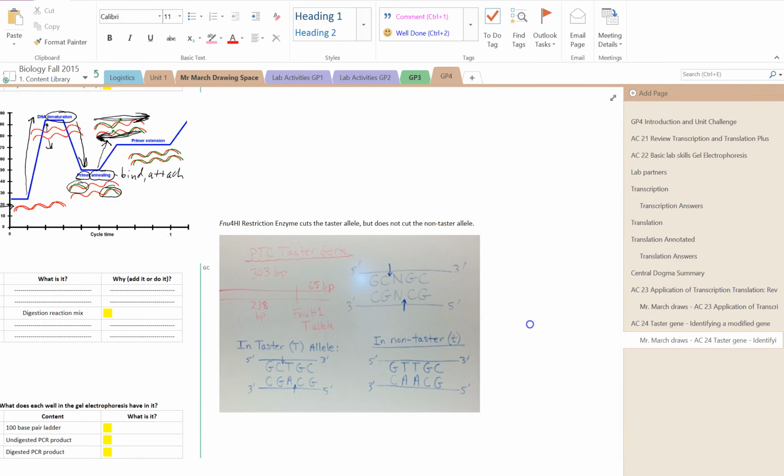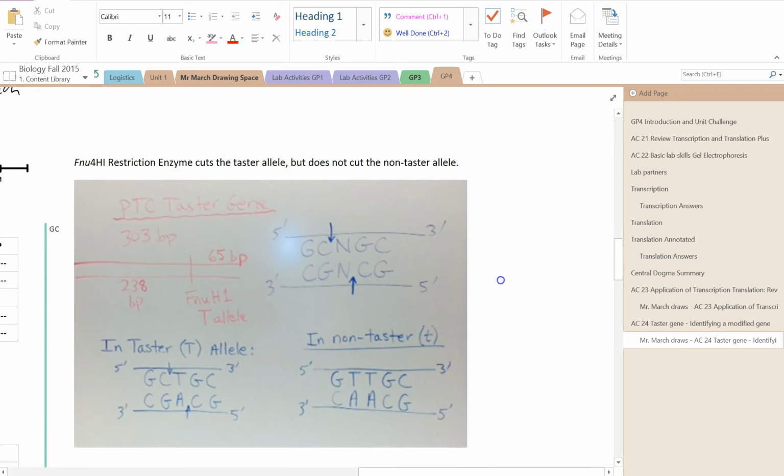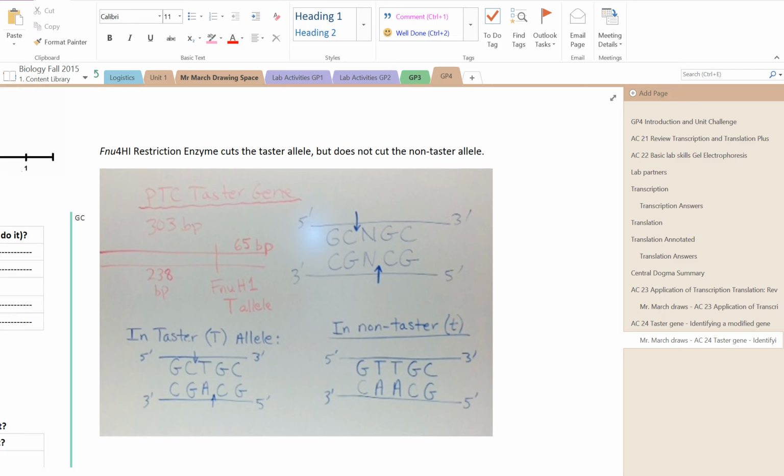So here's a picture of what the PTC taster gene looks like. The entire gene that we amplified yesterday with PCR is about 300 base pairs long or so. A restriction enzyme is an enzyme that cuts at a very, very specific sequence in the DNA strand.